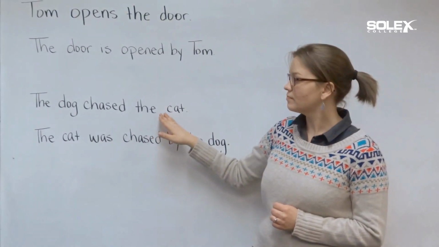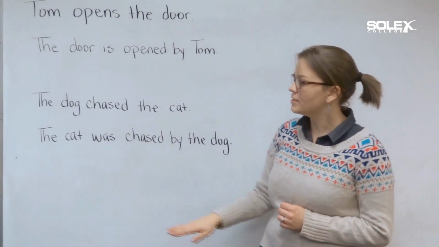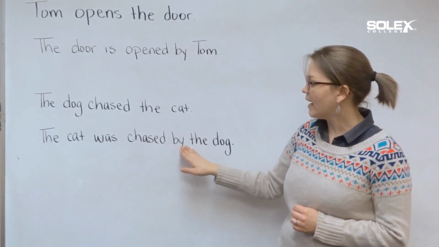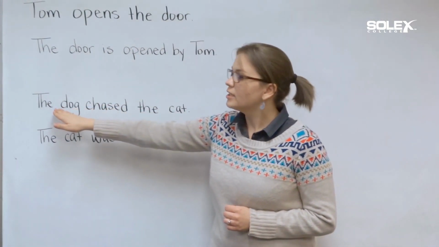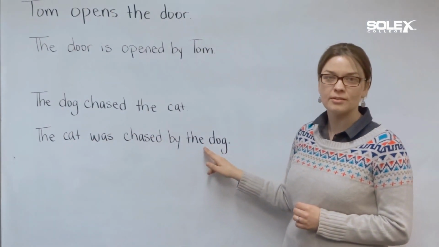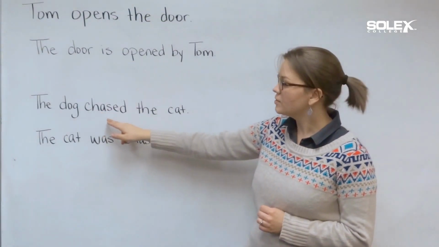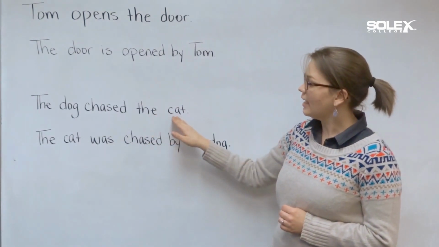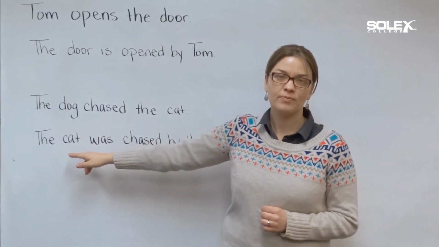In the passive voice, however, the sentence becomes, the cat was chased by the dog. So the dog now becomes the agent in the passive voice. Chased becomes was chased, and the cat is now the subject of our sentence.